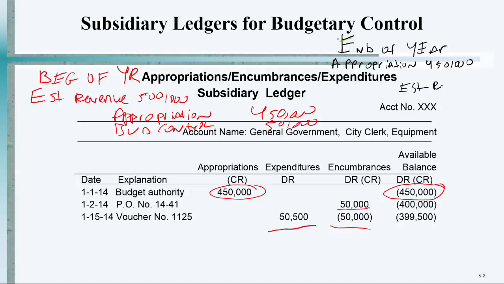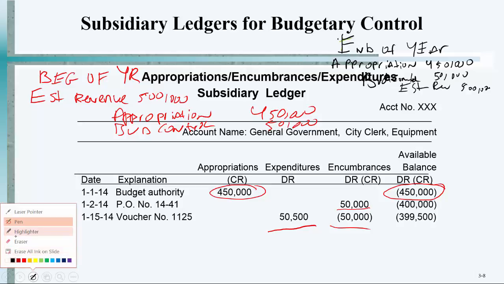Estimated revenue for 500,000, right? Credit estimated revenue for 500,000. Do I need a debit or credit to make this journal entry balance? I need a debit here of 50,000. That debit goes to what? Budgetary control, right? That's almost impossible to see there, but I debit budgetary control for 50,000.